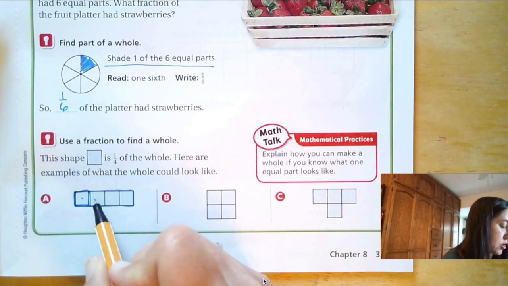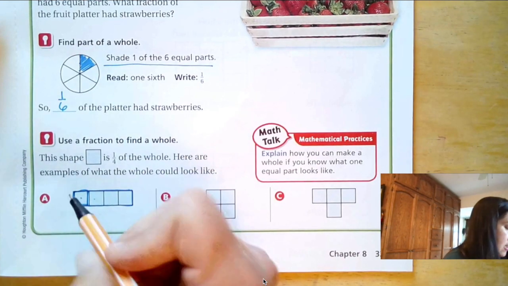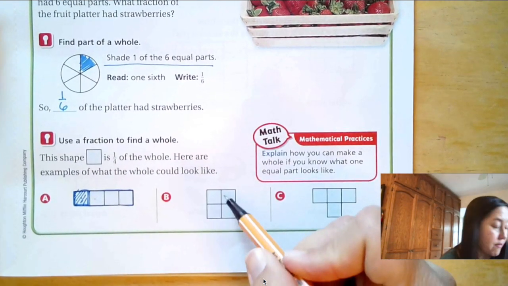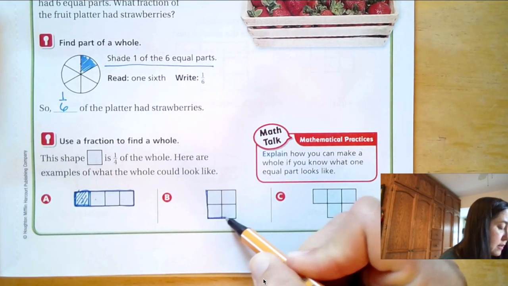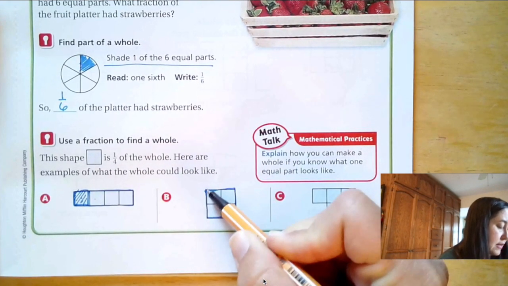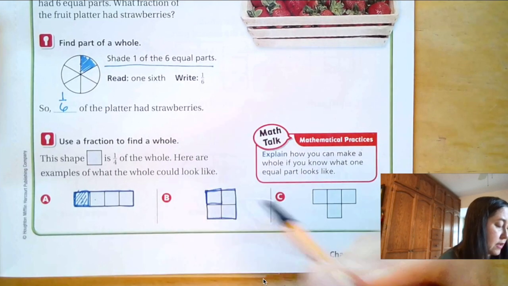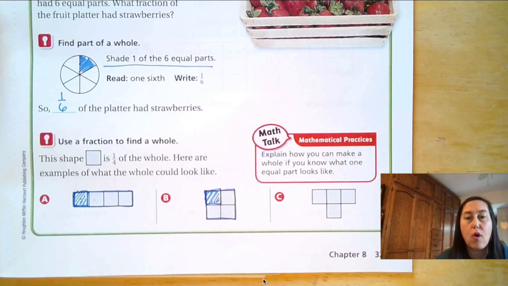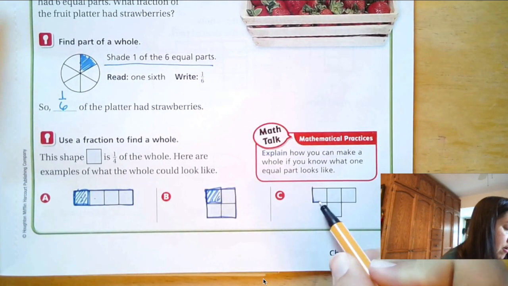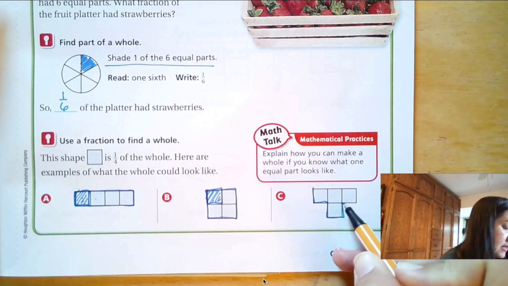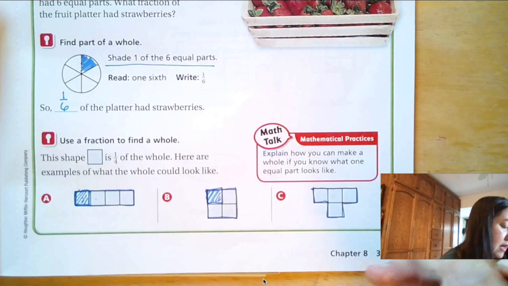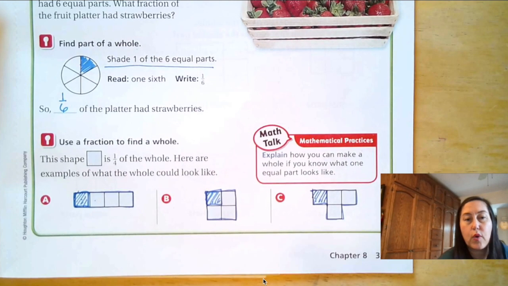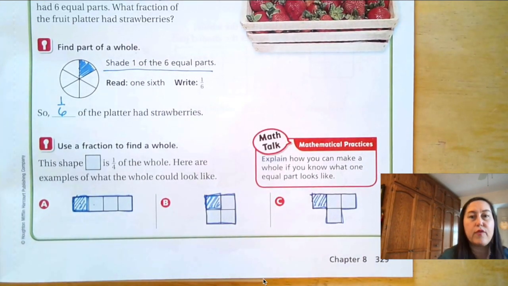There's 1, 2, 3, 4 parts. This is one of the fourths. You could also have the whole look like this. And this one little square is 1/4 of that whole. Or here are 4 equal pieces, right? And right here, this could be one of the 4 pieces, 1/4.